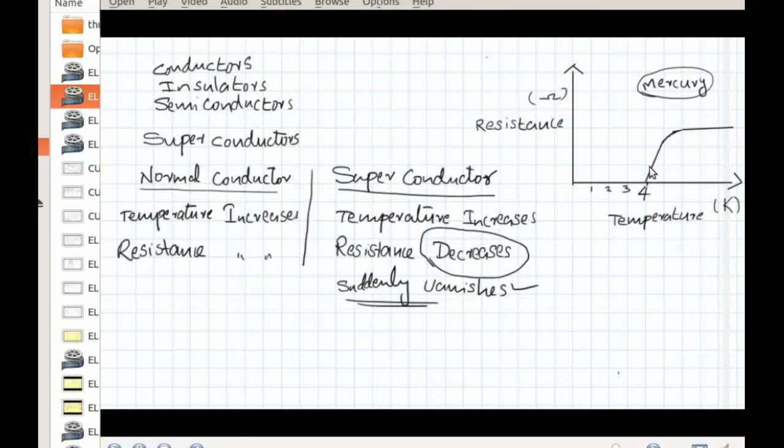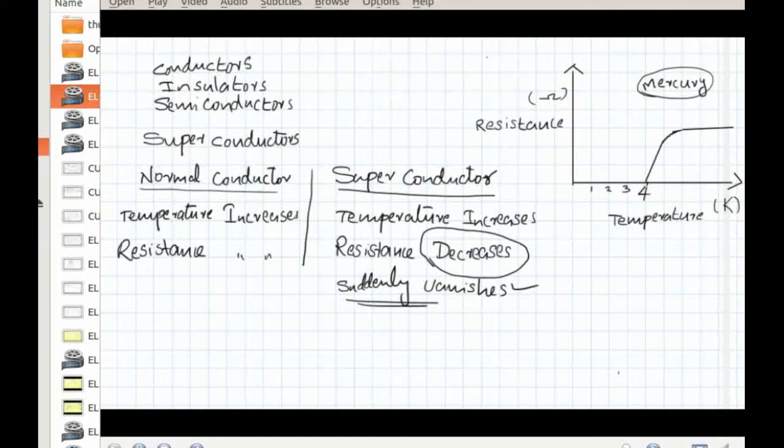But when the temperature becomes 4 Kelvin, suddenly the resistance falls to 0. So for mercury, when the temperature is decreased to 4 Kelvin, then the resistance suddenly vanishes. So this kind of abrupt fall in resistance will lead to superconductivity.